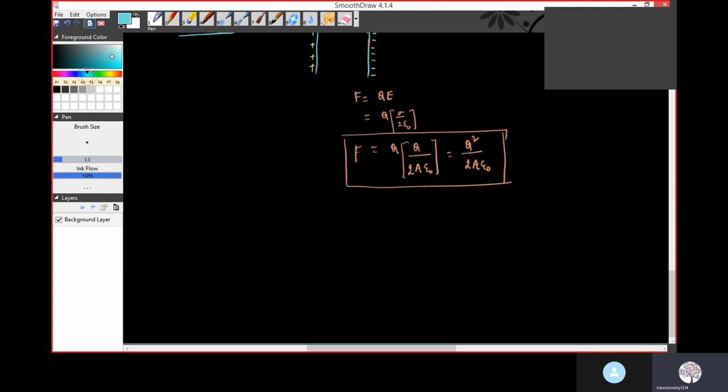The next one is energy density between the plates of a parallel plate capacitor.